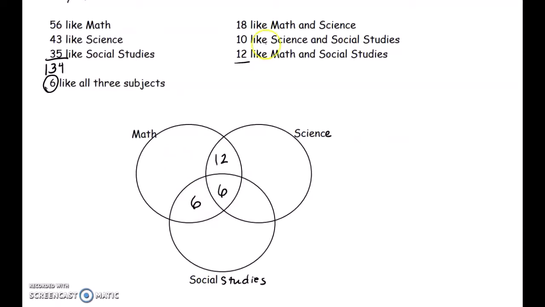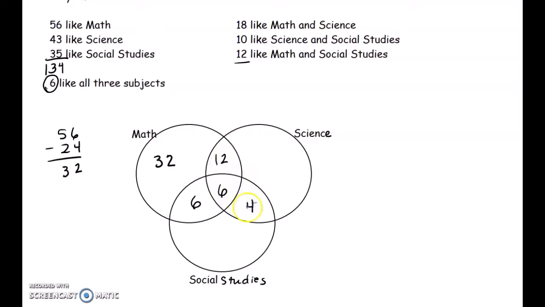Similarly, if 10 people like science and social studies, and we have the 6 counted for all 3, then this would have to be 4. So if we have 24 people already accounted for liking math, then we must have a remainder of 32 that only liked math.